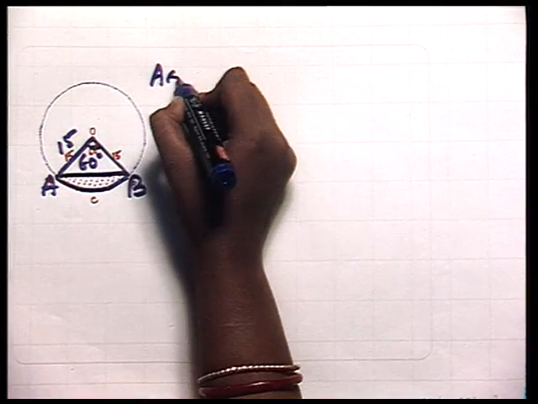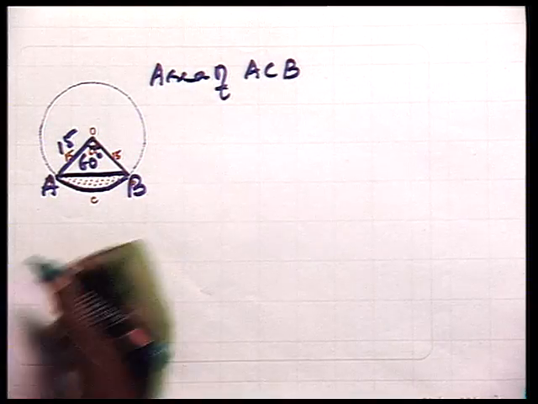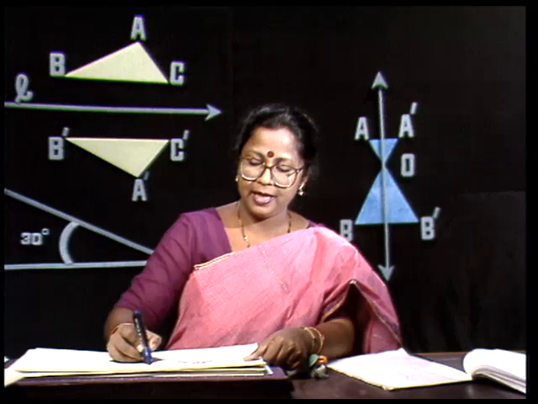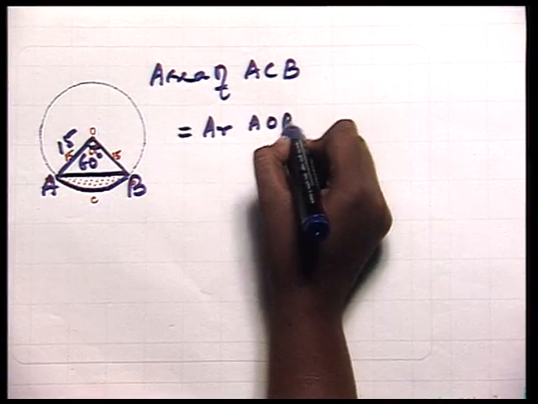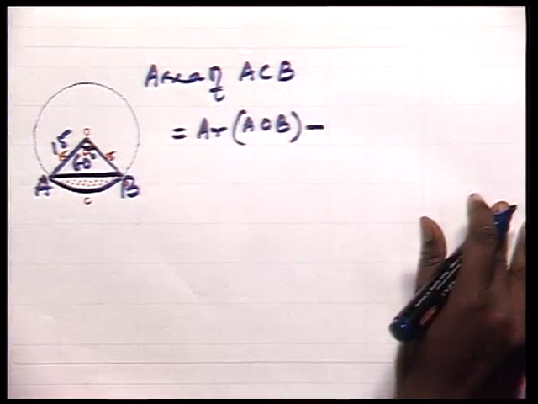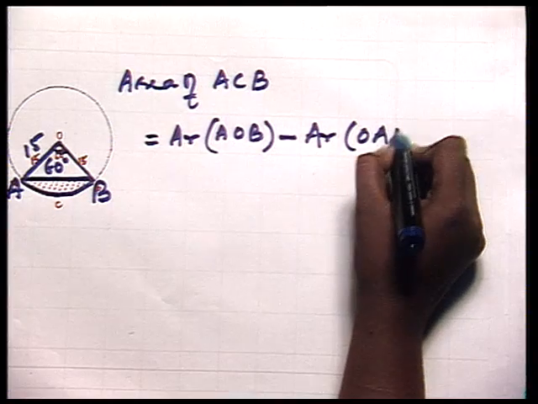Therefore, area of the segment ACB is equal to area of the sector AOB minus area of the triangle OAB.